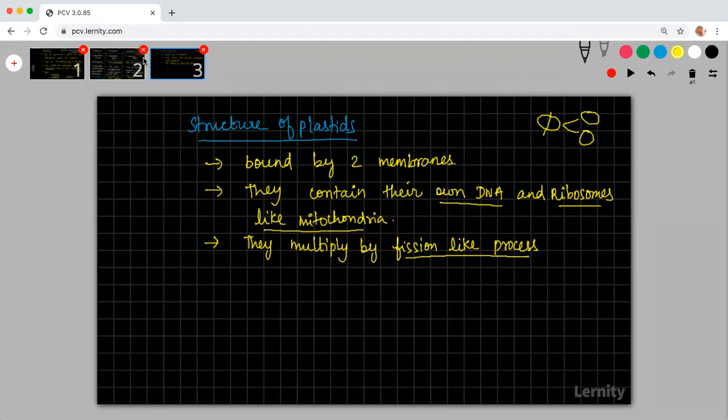So now we have to study in detail about chloroplast.